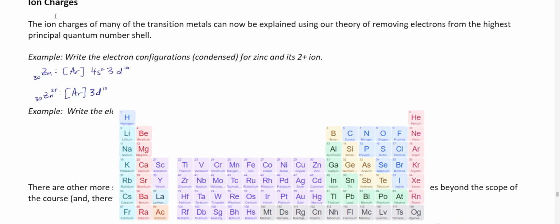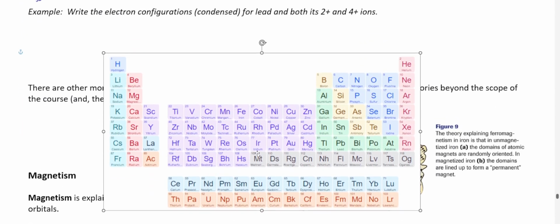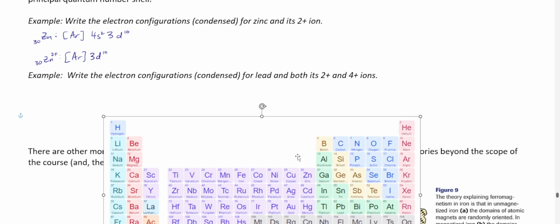Now what we're going to do is take a look at the electron configurations for lead and both of its 2+ and 4+ ions. So the first thing I'll do is take a look at lead right here, and I'm going to write its condensed electron configuration. So lead is 82. This is the neutral atom of lead.